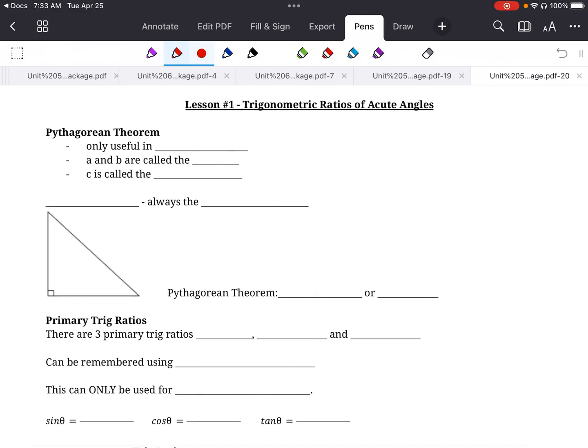But let's get going. So we need to remember the Pythagorean theorem, only used in right triangles. A and B are called the legs, and C is called the hypotenuse. We need to remember that the hypotenuse is always the longest side.